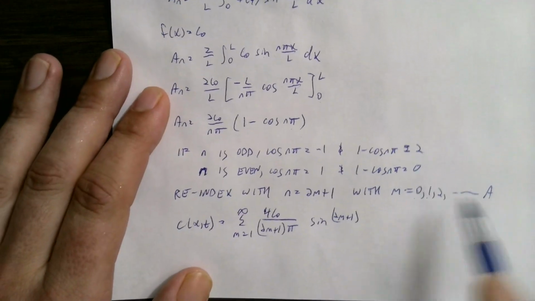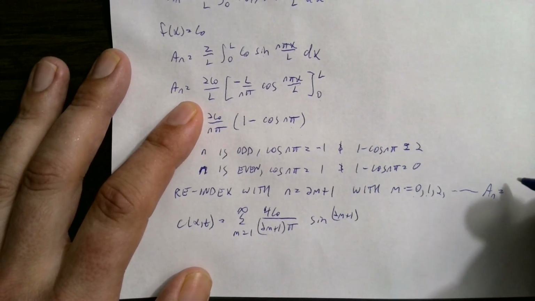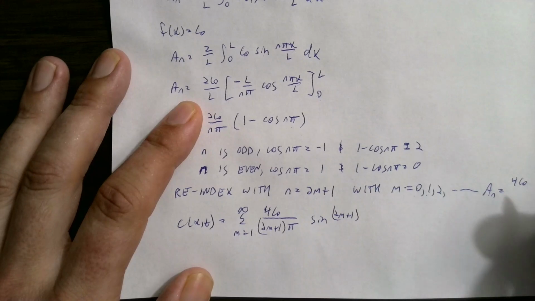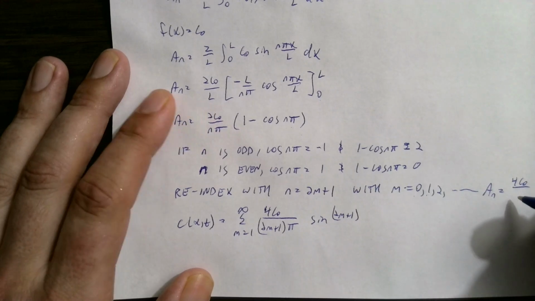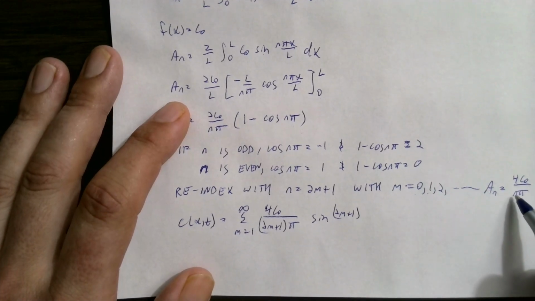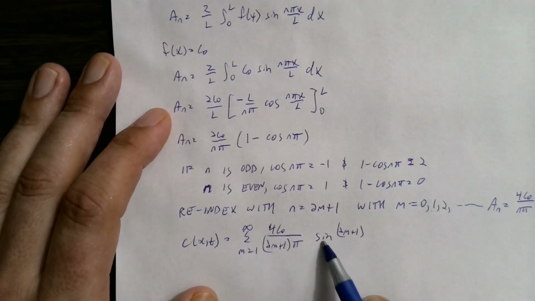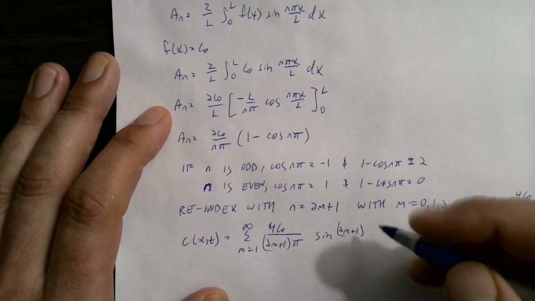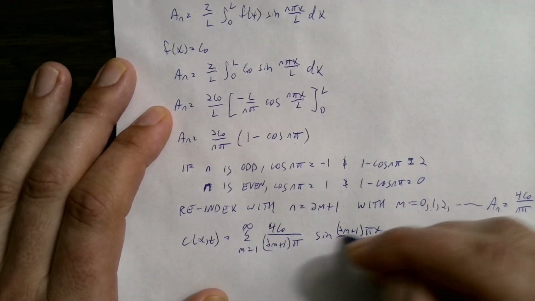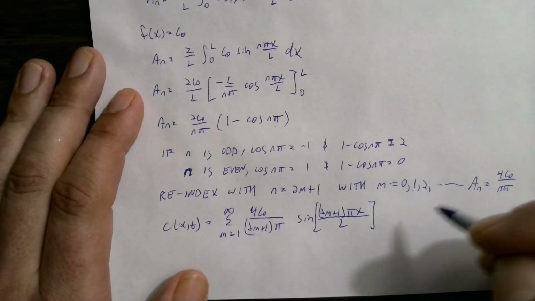I guess I should write up here that we're going to reindex, and then we get a sub n is just equal to 4c0 over n pi. Or if I replace the n with a 2m plus 1, that's this term, and then we have sine of 2m plus 1 times pi x over L. Okay, that's the sine term. Maybe I'll put it in brackets to make that a little bit clearer.